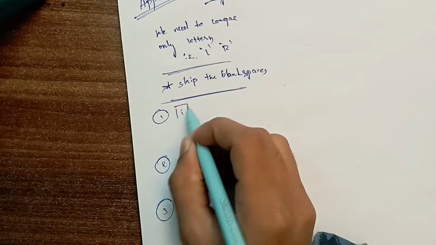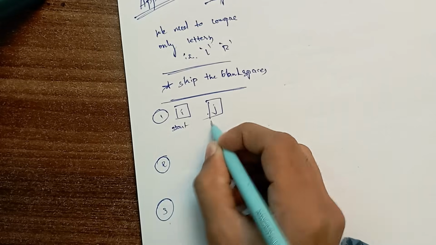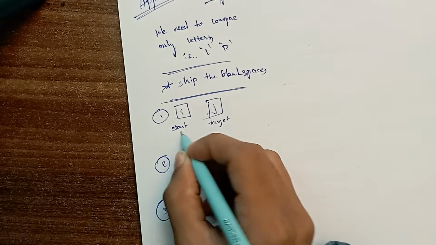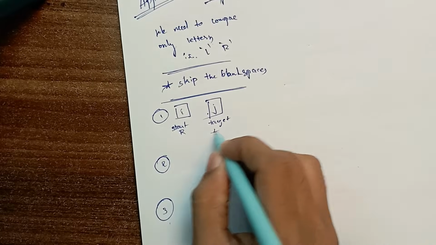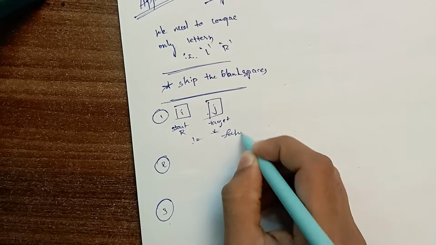We will be at position I in start and J in target. If here it is R and here it is L, that means they are not equal, then we will return false.